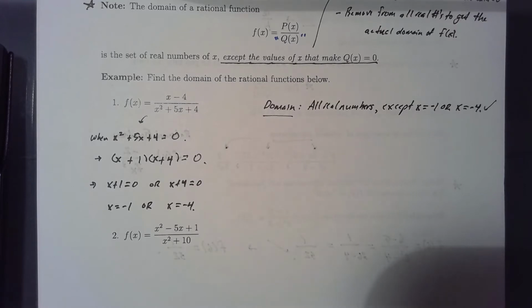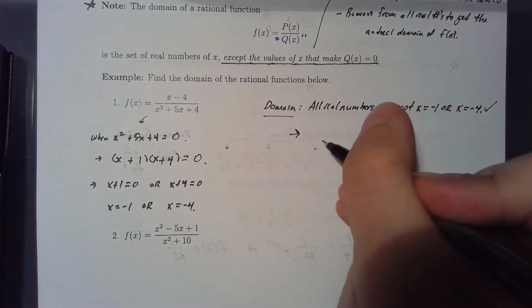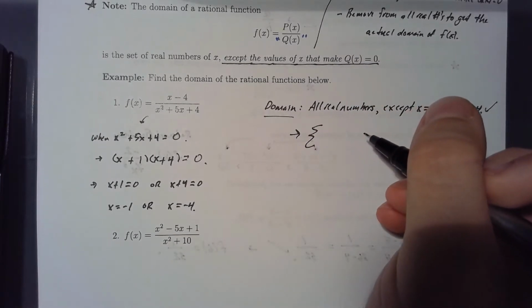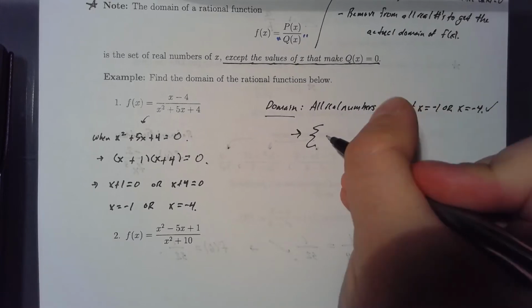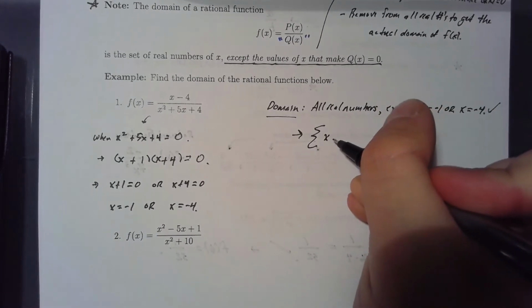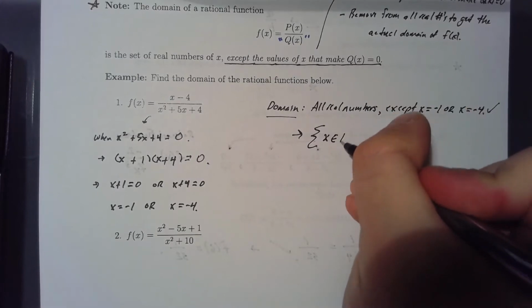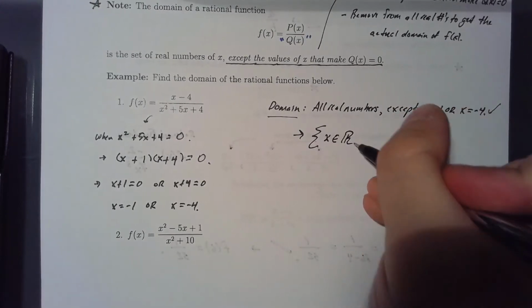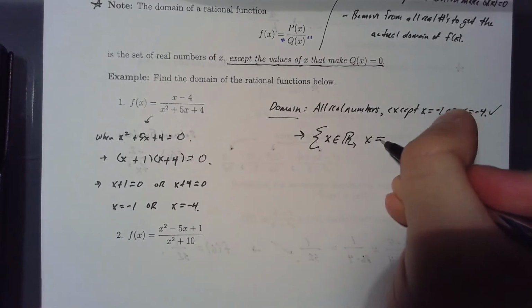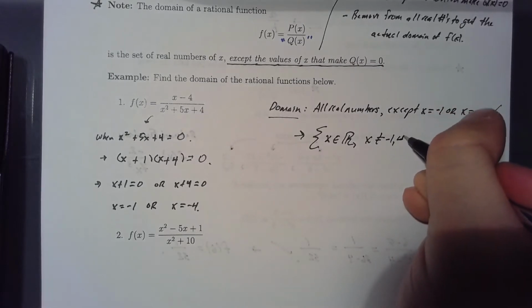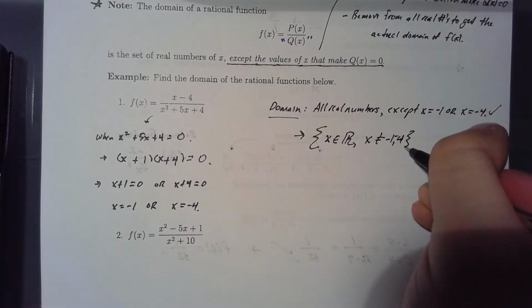There is actually a set notation you could use. Curly bracket, and you could say that x is in the real number system such that x is not equal to negative 1 or negative 4.